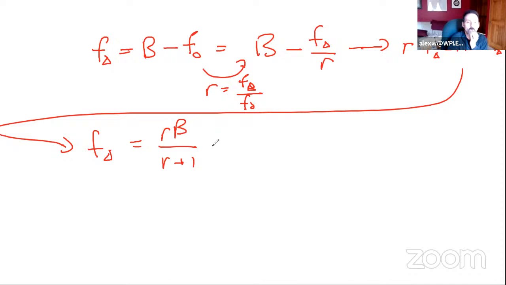This is cool. So now we have this. If we isolate for B here, we get that. Great.